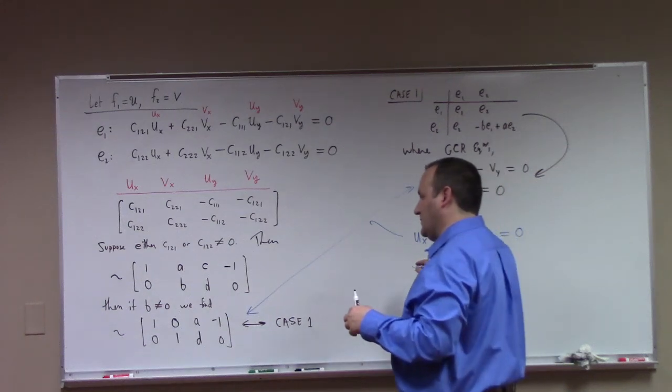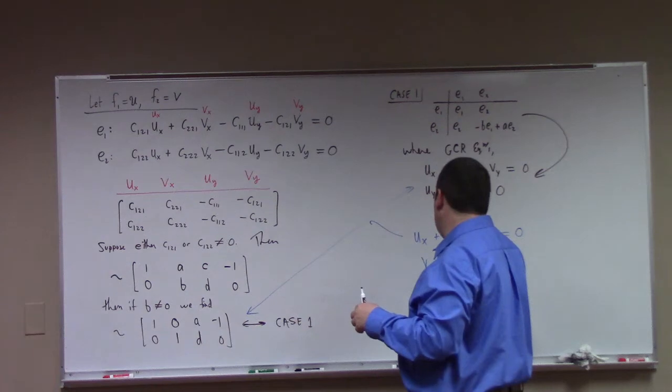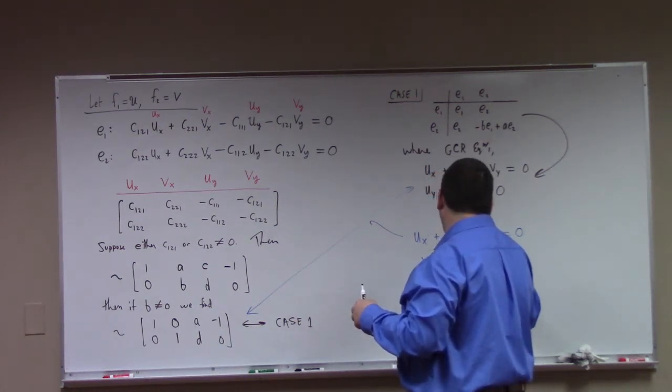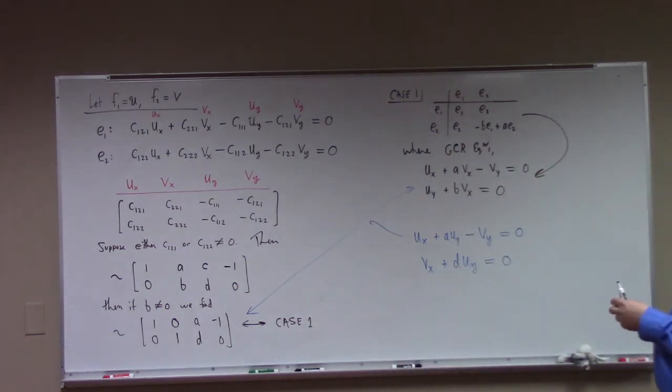And it means what else? It means vx plus d times uy equal to 0. Am I wrong? That is not case 1.